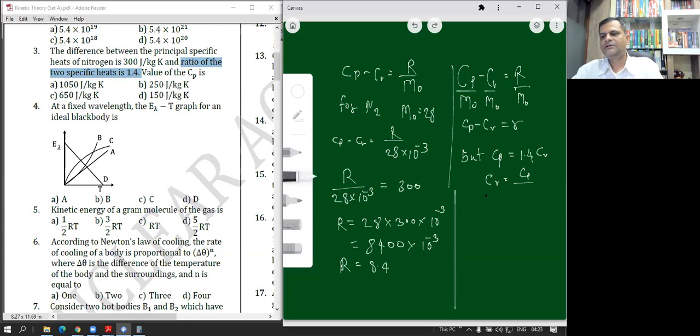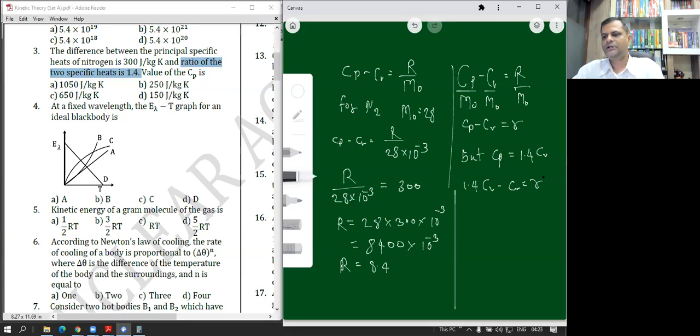ये तो ठीक है, कर सकते हो आप बाद में. तो Cp को अगर replace करते हो तो हमको मिलेगा 1.4 Cv minus Cv is equal to R, small r, and the small r itself is given to be 300.